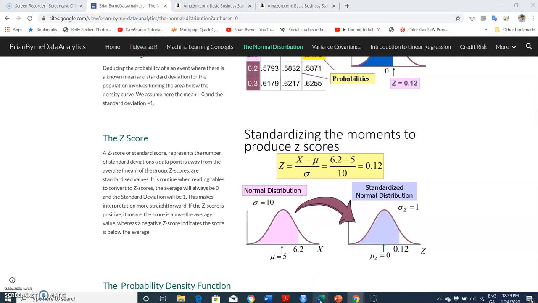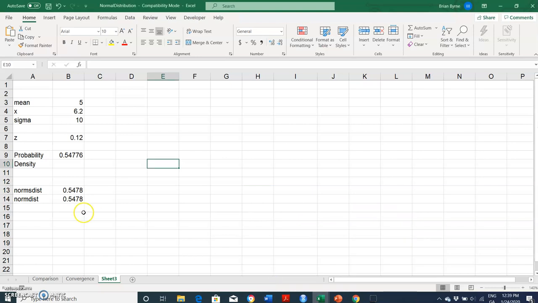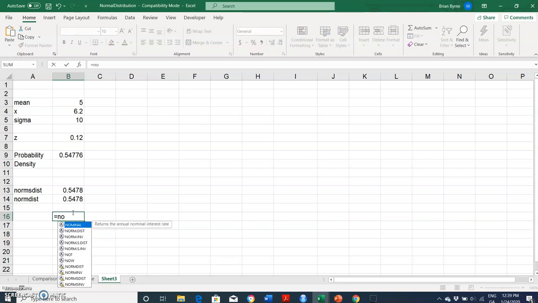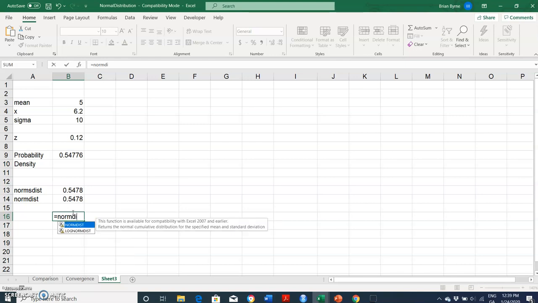And again, you may have noted that there were two options, right? There was also the option when I put in equal to NORM.DIST, right? There were two options. One was cumulative. The other was the probability density.